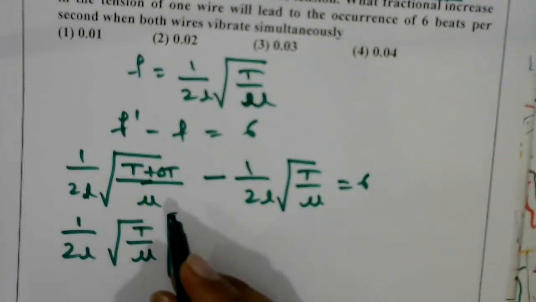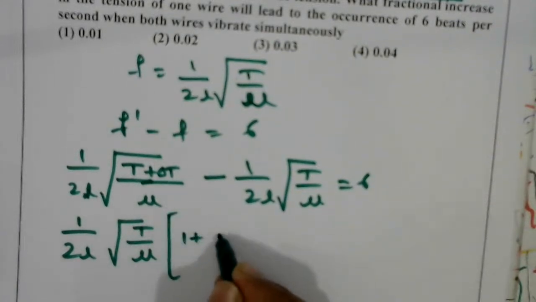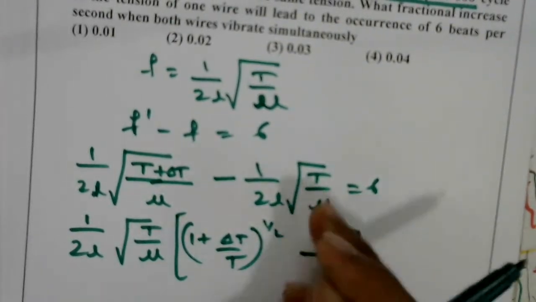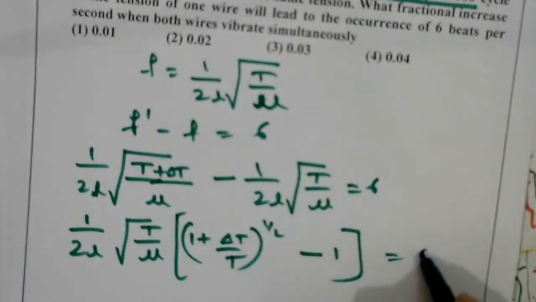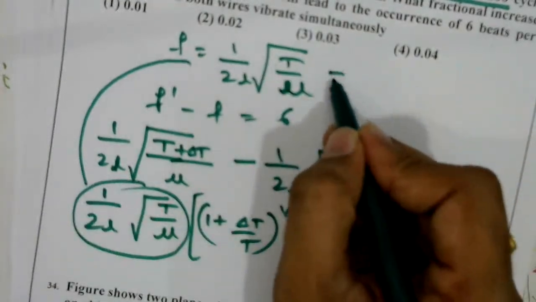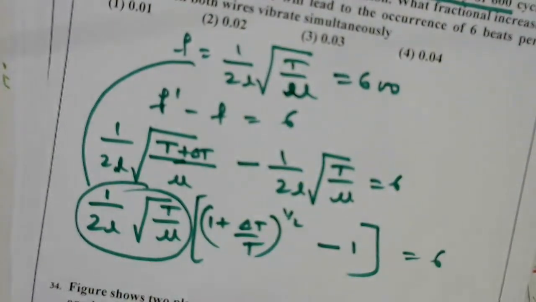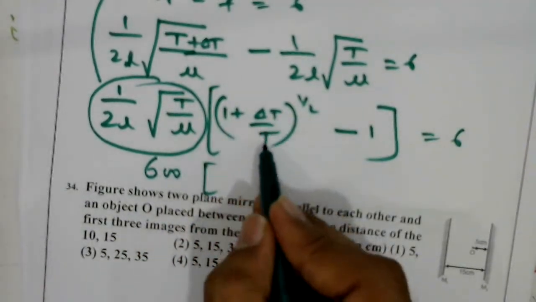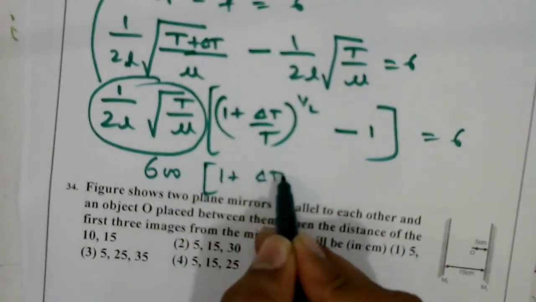Here, 1 plus delta T by T, square root, minus 1. This entire term is outside, equal to 6. From this equation you can substitute, which is equal to 600 as given in the equation. You can write this as 600 times 1 plus delta T by 2T.